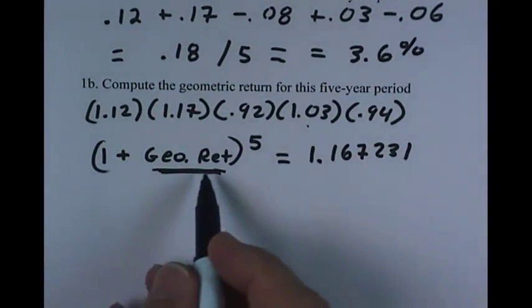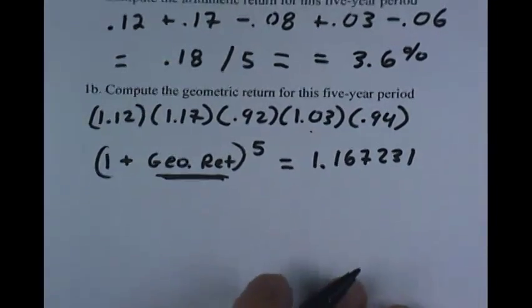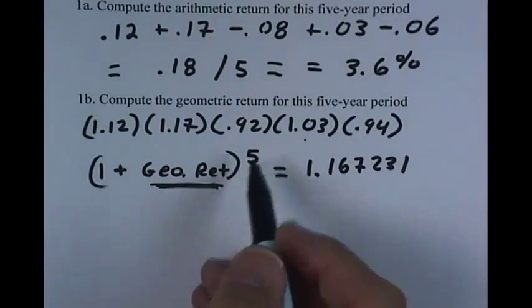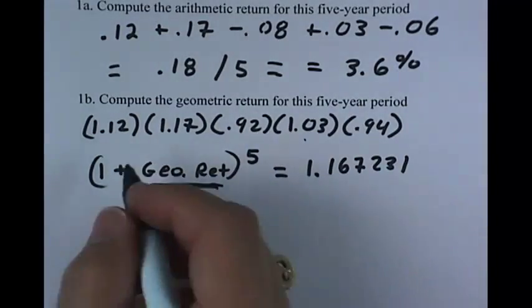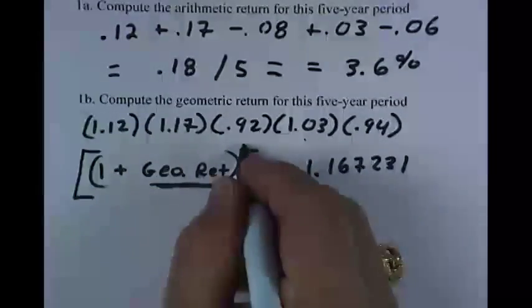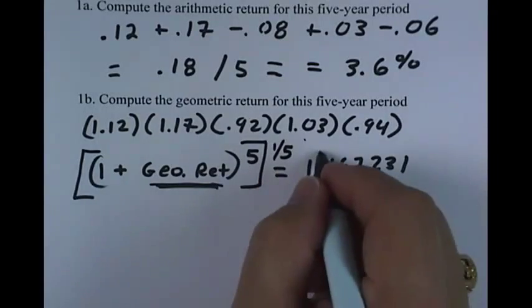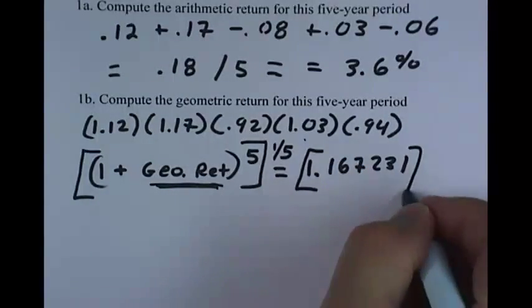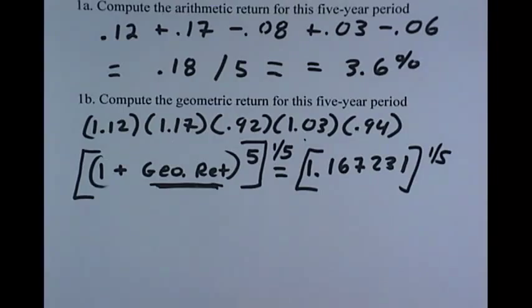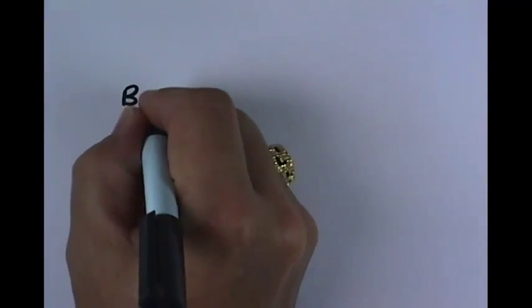So to get the geometric return by itself, I would need to get rid of this exponent, or get an exponent of 1, so I would need to take the 1/5 root of both sides of this equation. A quickie exponent review might be helpful here.